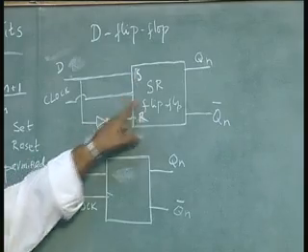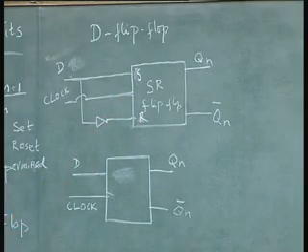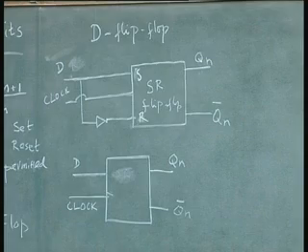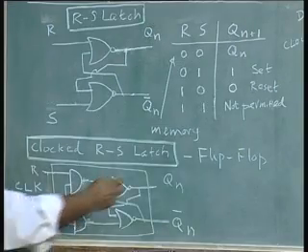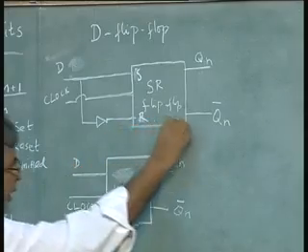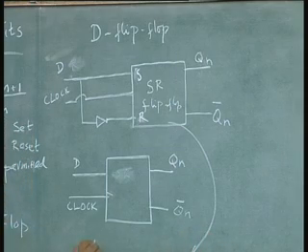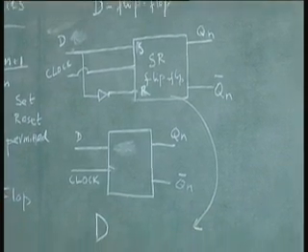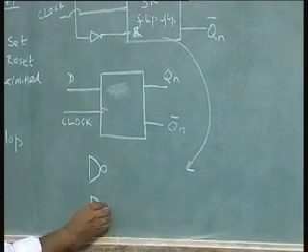That means an S and R flip flop would be different from this flip flop, the RS flip flop, where the AND gate will be changed into a NAND gate. So, the SR flip flop I have in mind here is this.